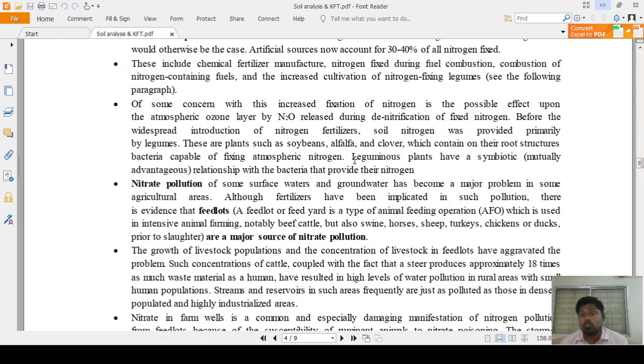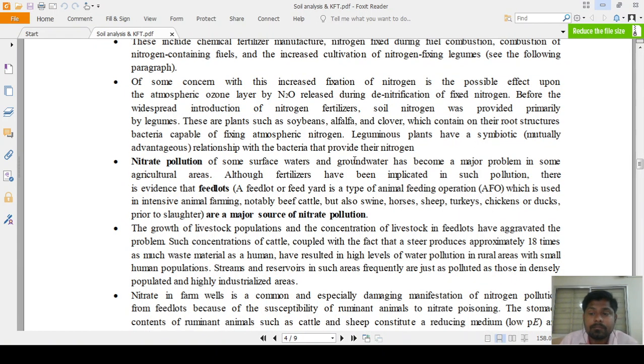That means those plants have bacteria on their roots which can convert atmospheric nitrogen into the kind of nitrogen which can easily be absorbed by the roots of the plant as a source of nitrogen. Those are known as legumes, like ribosome, you know about that.